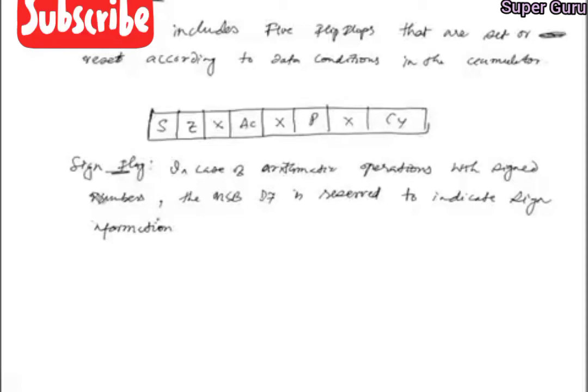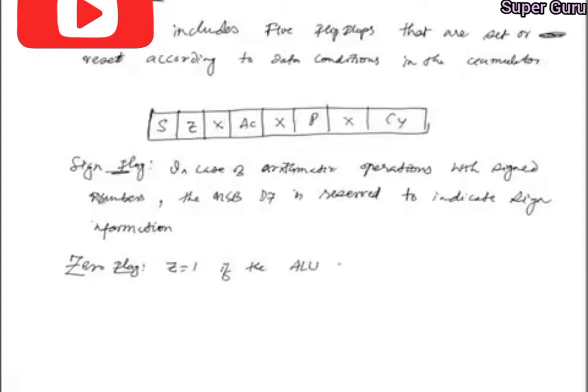Okay, then zero flag. Suppose Z equal to 1 if the ALU operation results in 0.